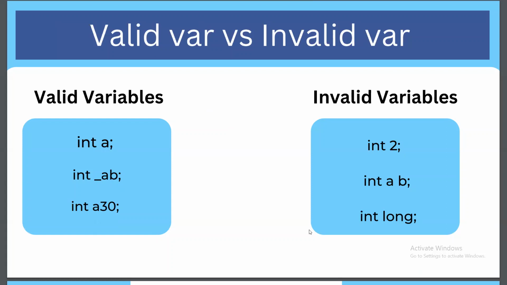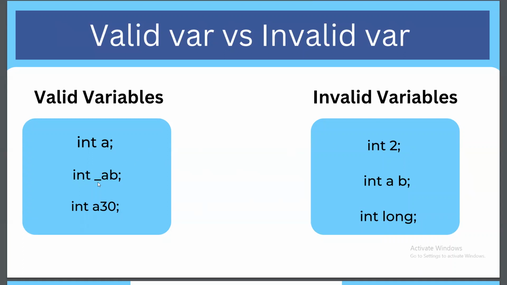Now I hope that you understand the rules of defining valid variables. So you can easily identify which one is valid and which one is invalid and the reason behind that. Valid variable is int a, as we can define our variables with characters. Invalid is int 2, as we noticed in the previous slide that we cannot define our variables with only digits.